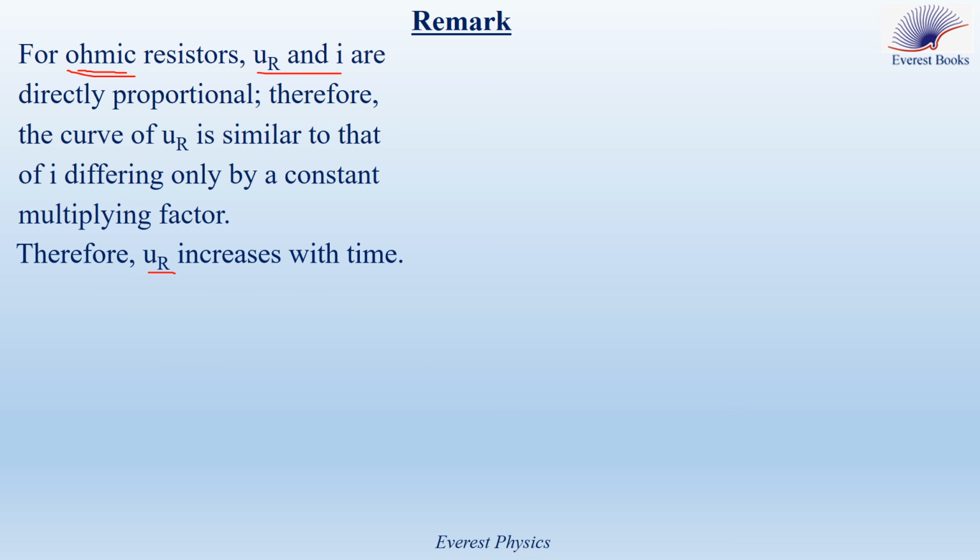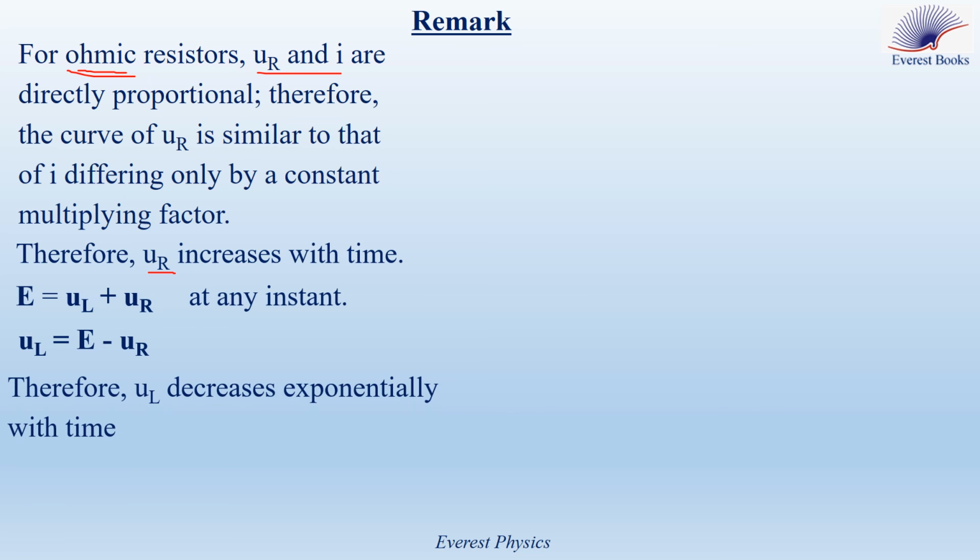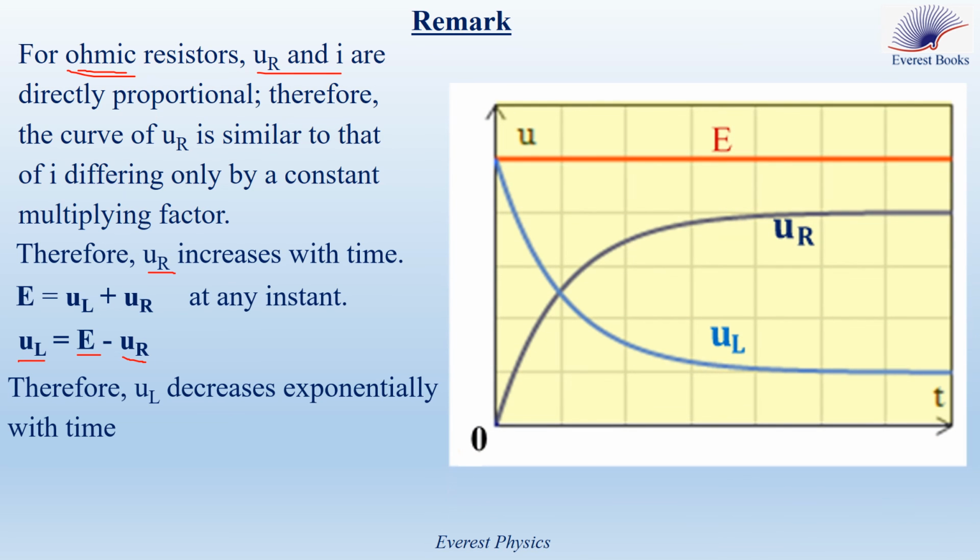Now, in the previous slide, we have E is equal to UL plus UR at any instant. Now, UL is equal to E minus UR. So, UL decreases exponentially with time because E is constant and UR increases with time. So this is the graph.